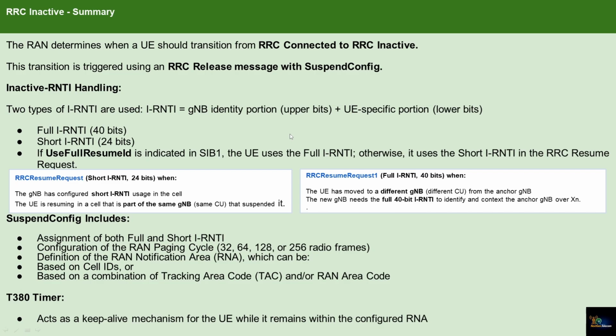Suspend config includes the assignment of both full and short RNTI, and configuration of RAN paging cycles of 32, 64, 128, 256 radio frames. So suspend config includes all of these: first, the short or full RNTI, the configuration of paging cycles, and the definition of a RAN notification area, based on cell IDs or on the combination of tracking area code.